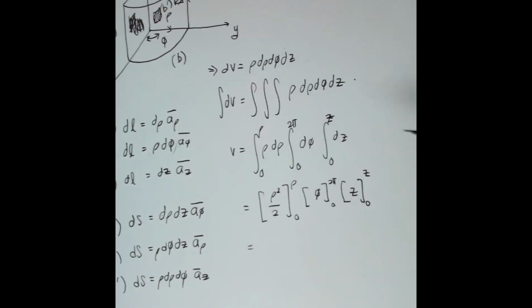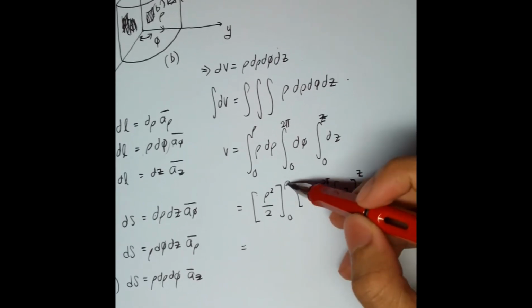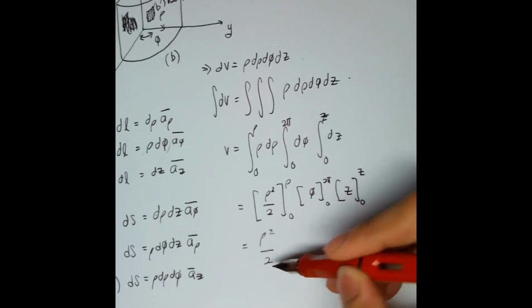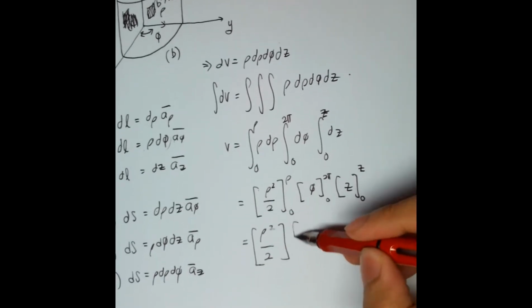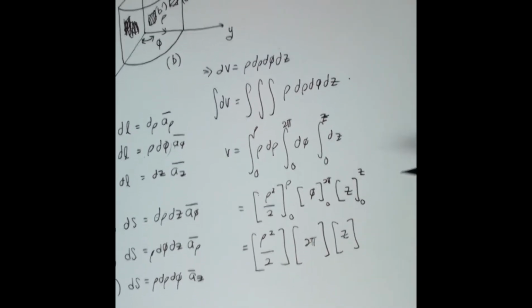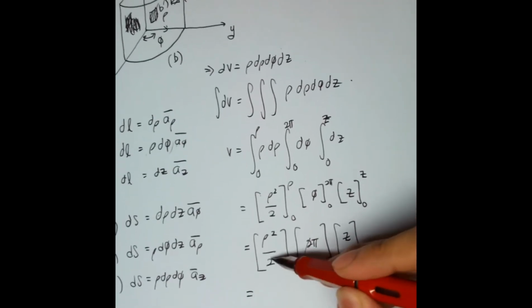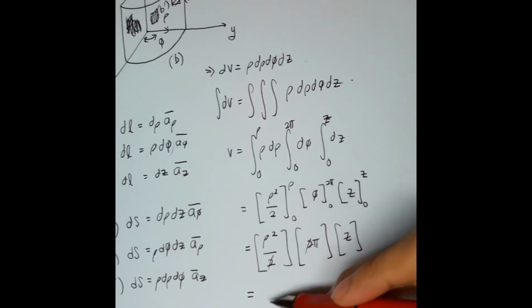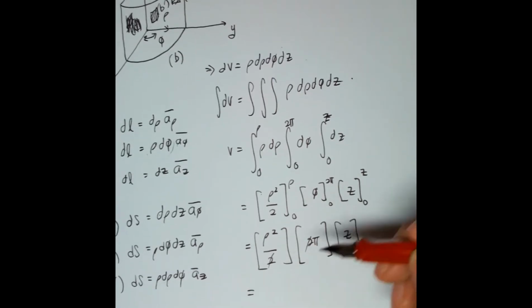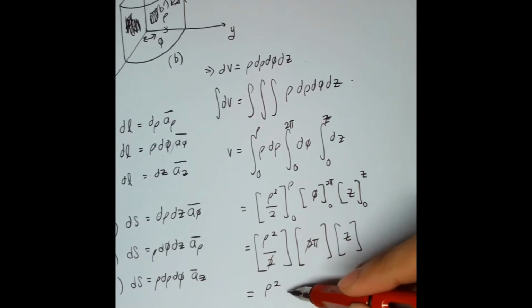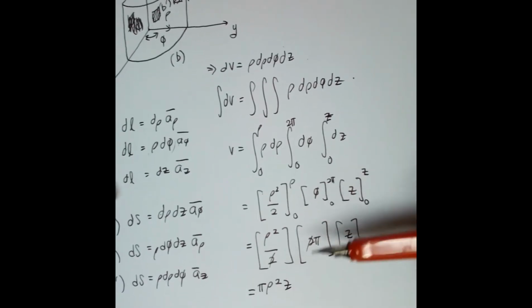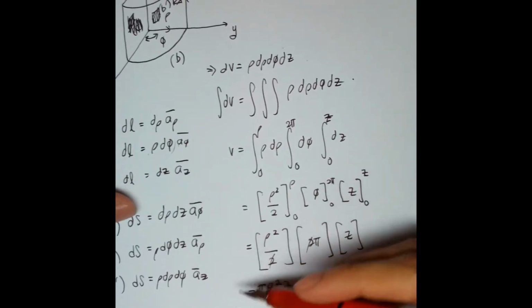Now we substitute this in, and this should cancel, and it will be pi r squared, yes, pi rho squared z.